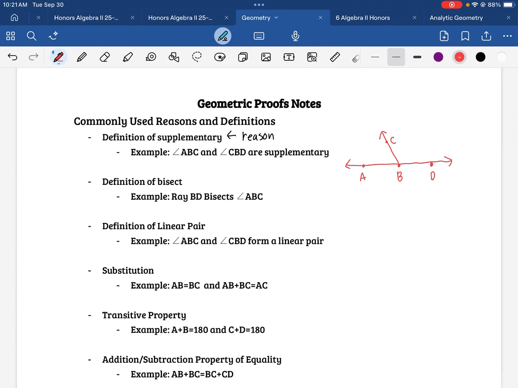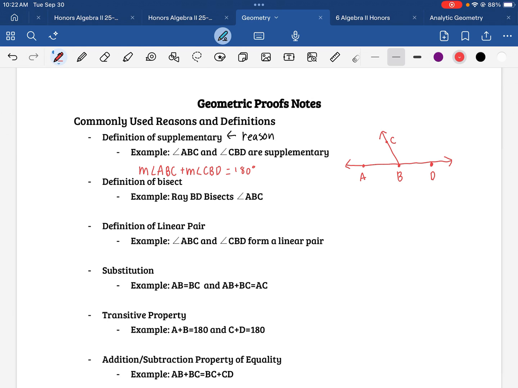Because we know that they are supplementary, we can say that the measure of angle ABC plus the measure of angle CBD equals 180 degrees. Supplementary angles add up to 180.